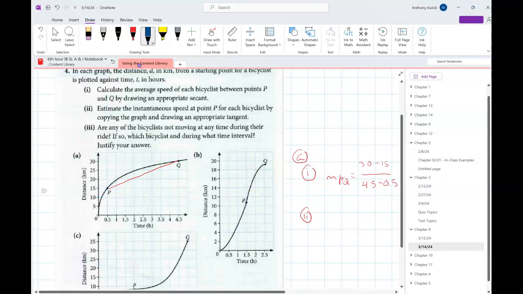Let's try that again with a little bit finer pen. So maybe like that. So I'll just write slope for the tangent. Looks like the point 21 and then maybe 10, 0.